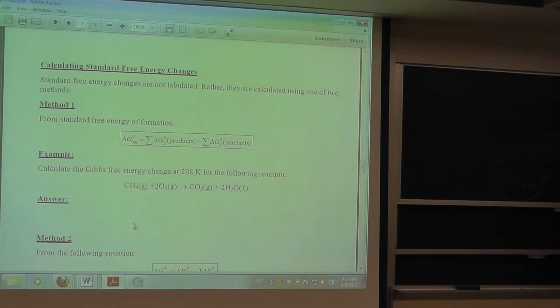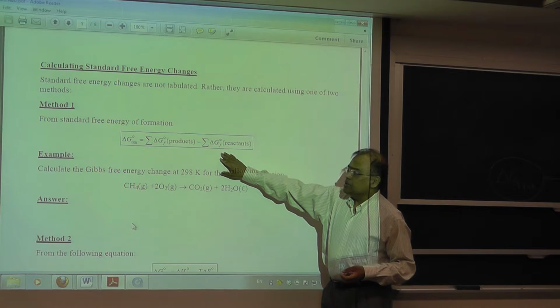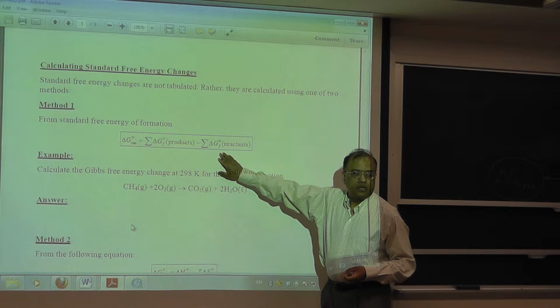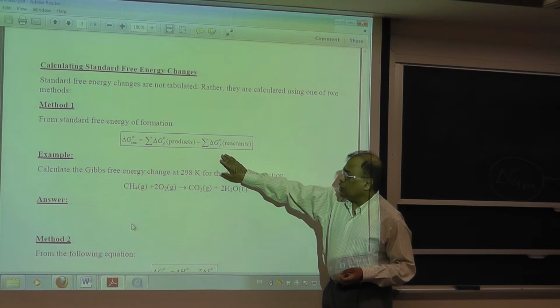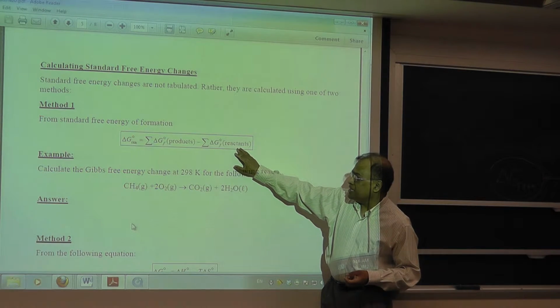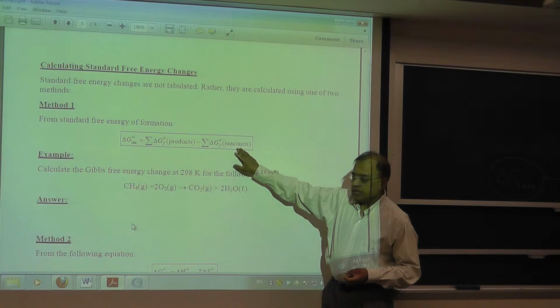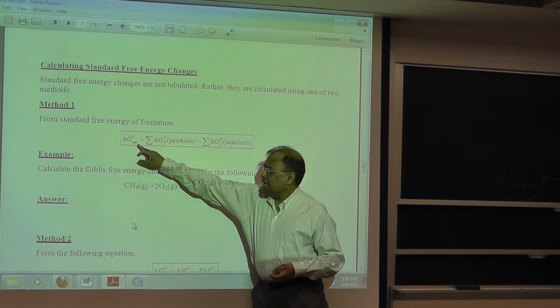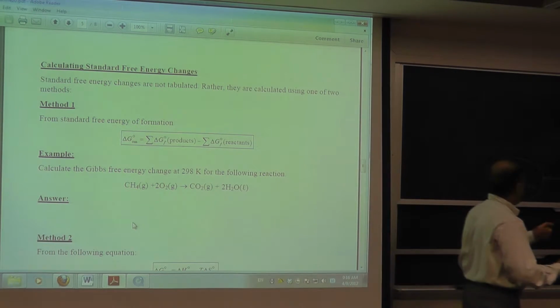How do we go from here to here? The answer is this. You look at the Gibbs free energy of formation of the products minus the Gibbs free energy of formation of the reactants, and that gives you the standard Gibbs free energy of the reaction.